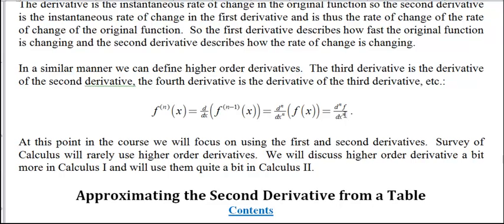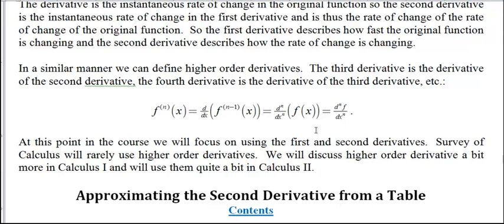In Leibniz notation, that's d superscript n over dx superscript n of f of x, or d superscript n f over dx superscript n. So it's kind of like a power. It's not really a power though. It's multiple times that we apply this operation of taking the derivative.